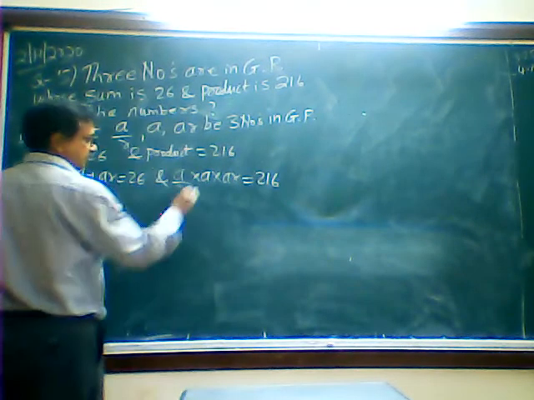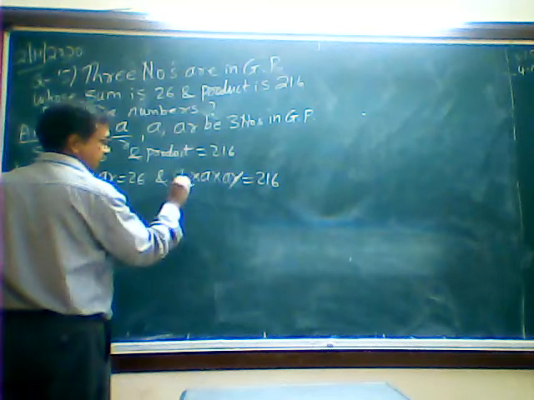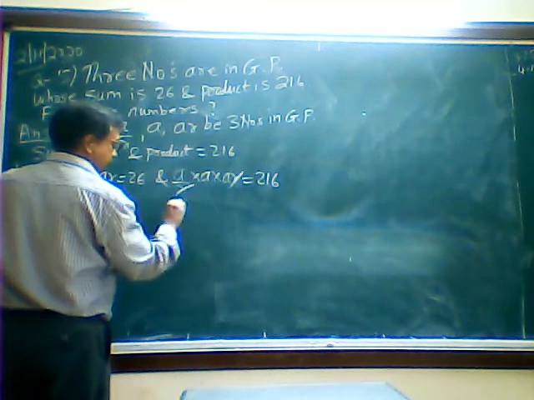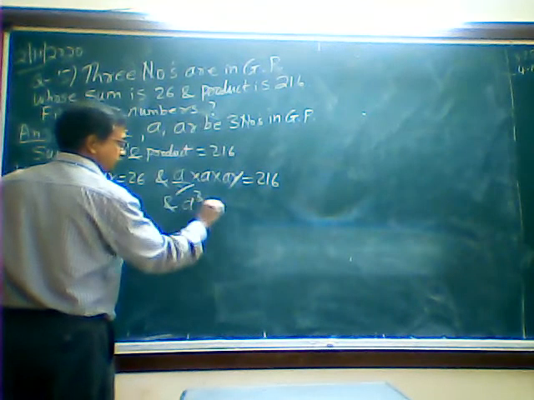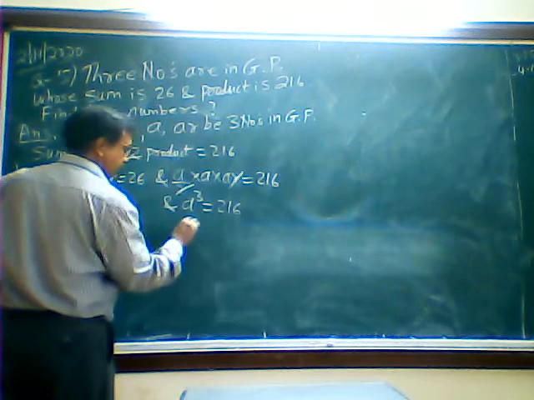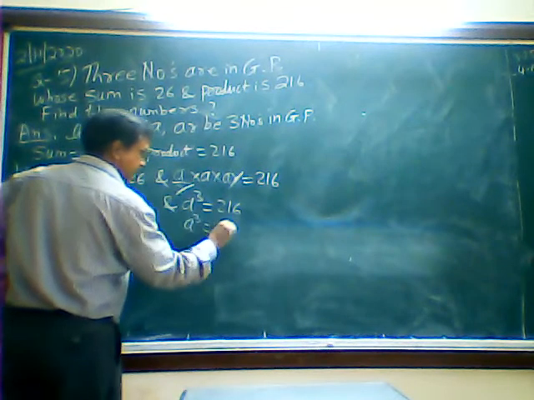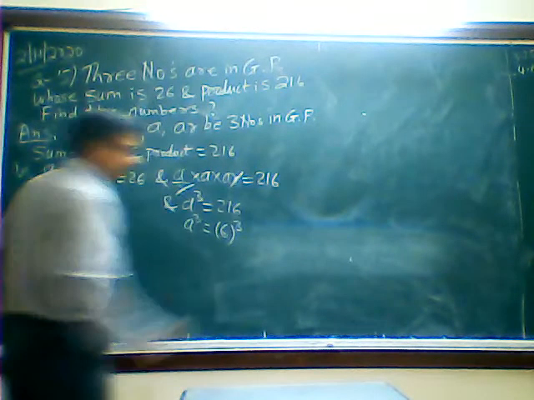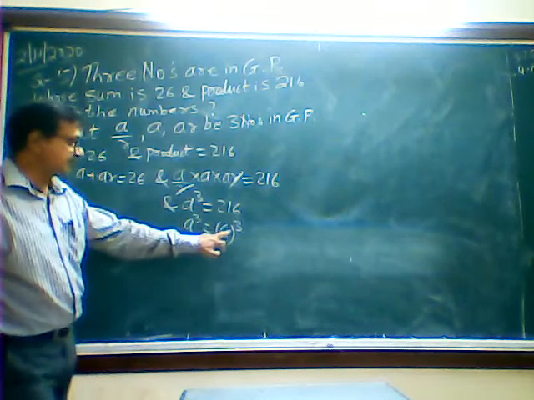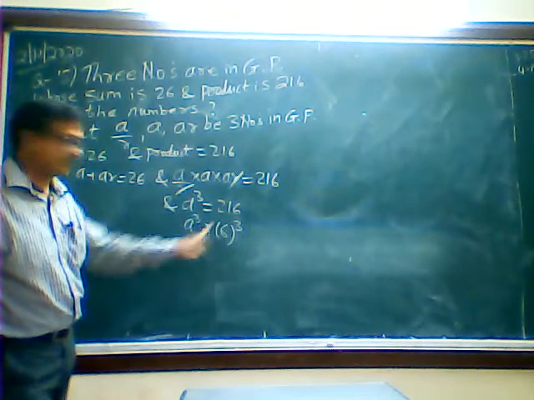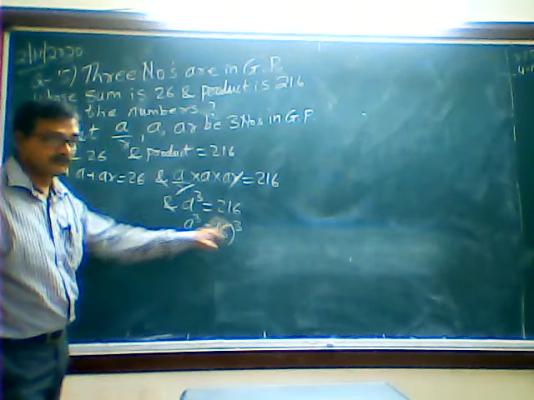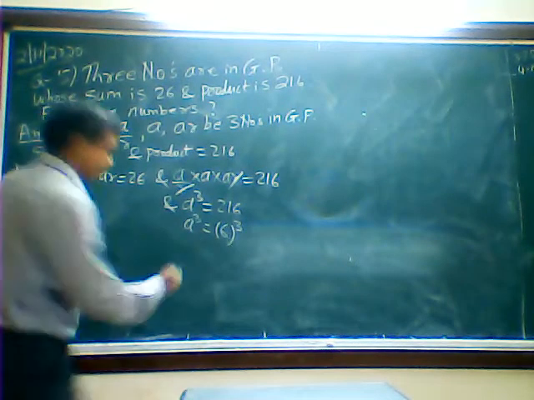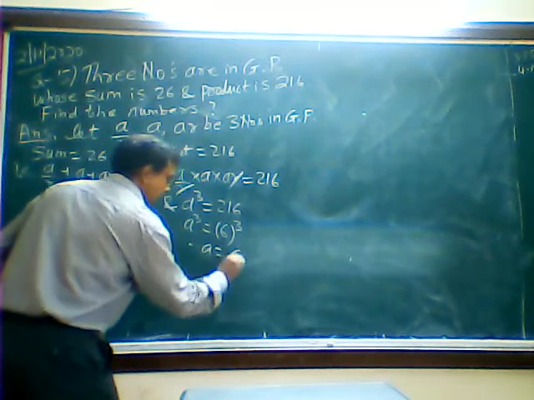Here this R will get cancelled. A into A into A is A cube is equal to 216. 216, how it will come? 6 cube. 6 sixes are 36, 36 into 6 is 216. Now the cube will go. Therefore A is equal to 6.